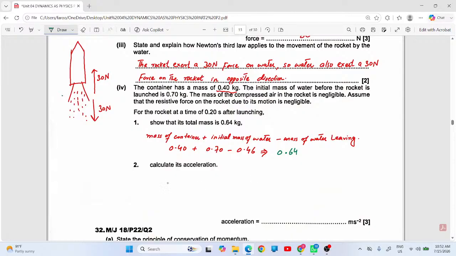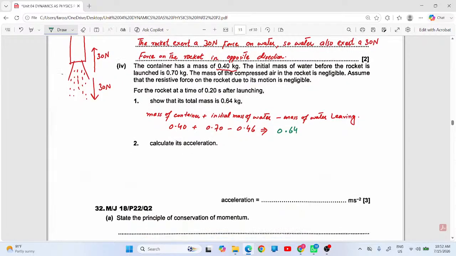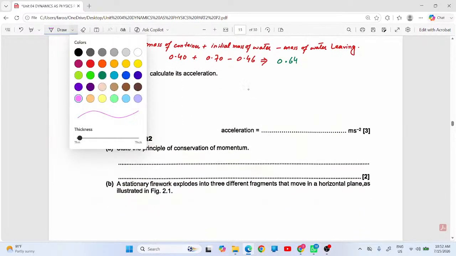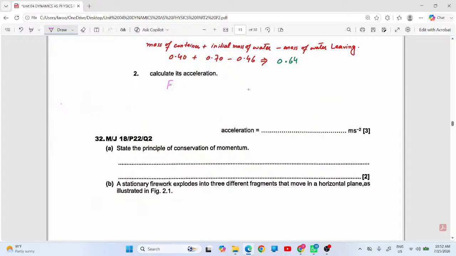Okay, next is calculate its acceleration. How will we find it? F equals ma. The mass is this.